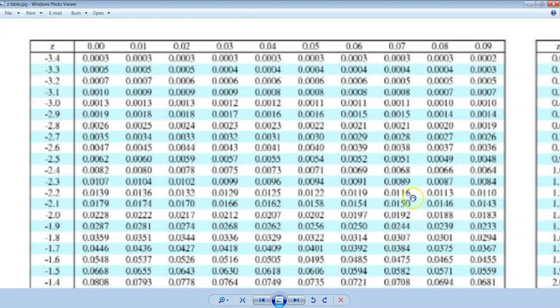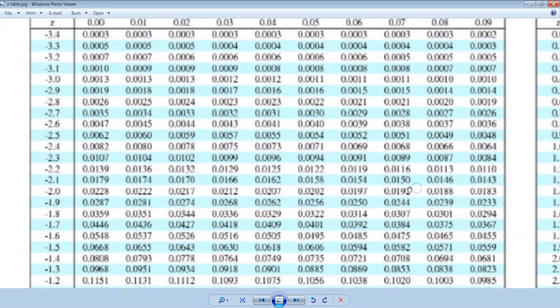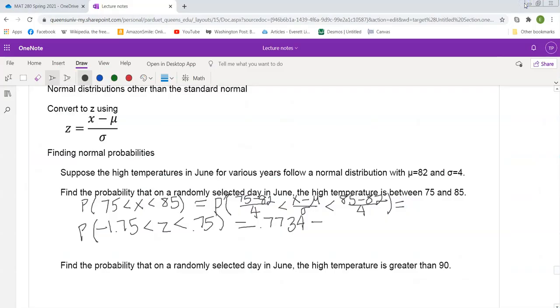If I were you, I would print this table, because I know for me it drives me a little bit batty trying to use it on the computer. So negative 1.75 goes with 0.0401. And so we end up with 0.7333 as the probability.